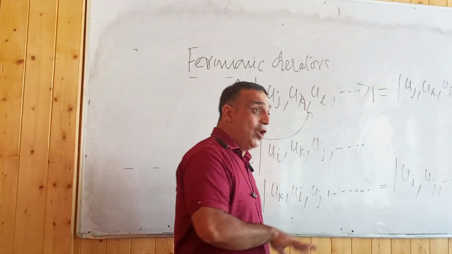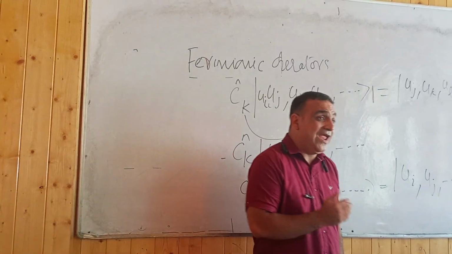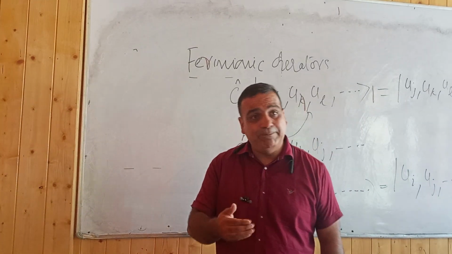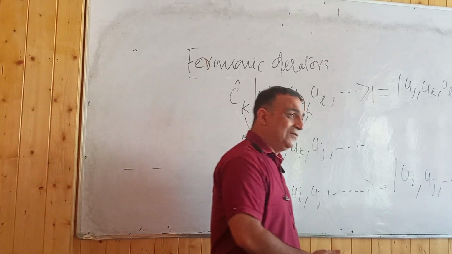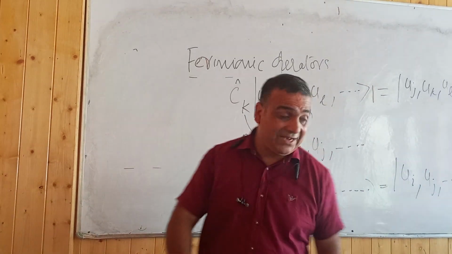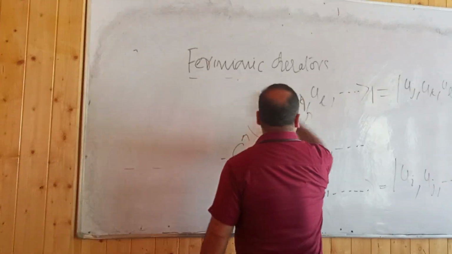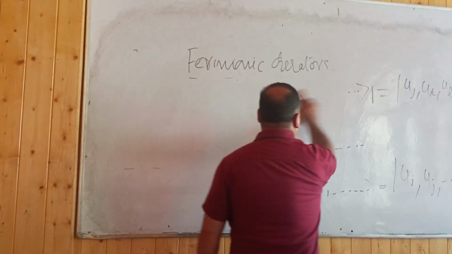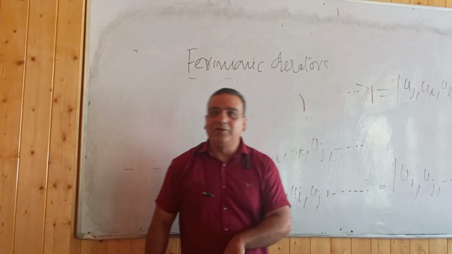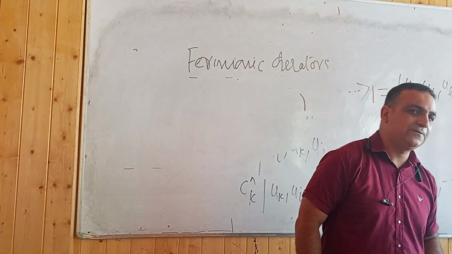Because here the order is of vital importance. If you fail to keep the order of the system, the results that you obtain will not be consistent. The results will be wrong. Is this clear to you? Okay. Now, when we talk about the bosons, they have commutation relations.